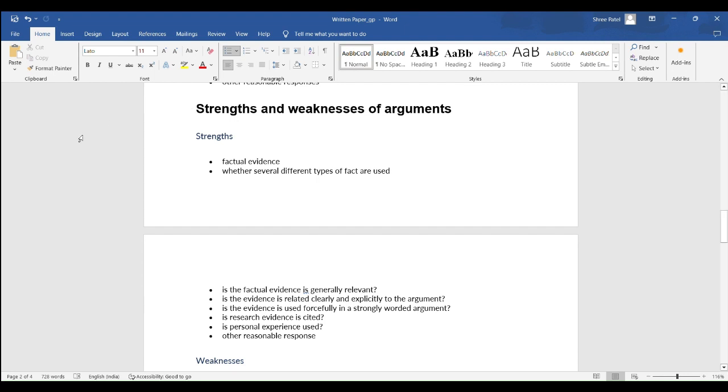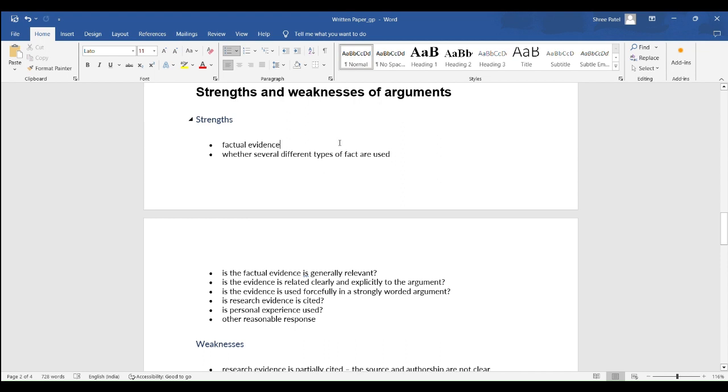When we talk about strengths, you can say there is factual evidence. Is the factual evidence generally relevant? Is the evidence related with clarity and explicitness to the argument? Is the evidence used forcefully in a strongly worded argument? Is research evidence cited? Is personal experience used?